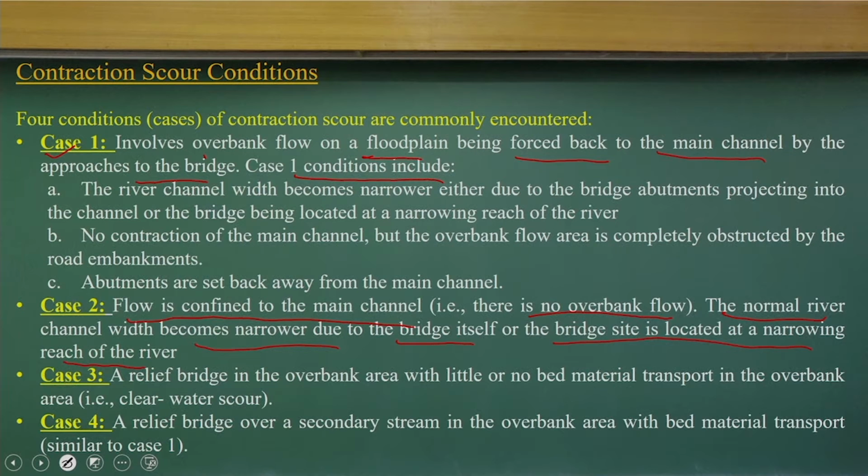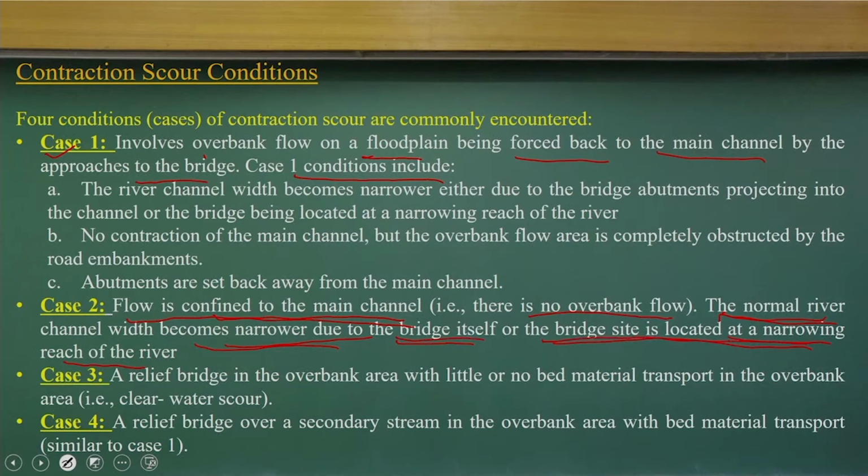So in site selection we take care that the location should be the narrowest part of the river where we can construct a bridge. Because of that, case 2 has the flow confined to the main channel, but the normal river channel width becomes narrow due to the bridge itself.